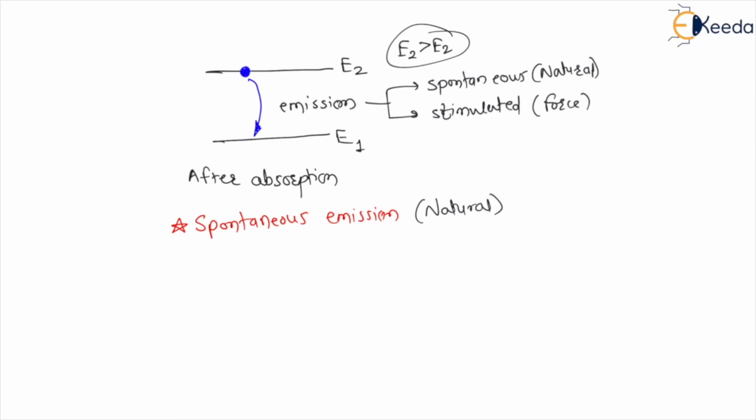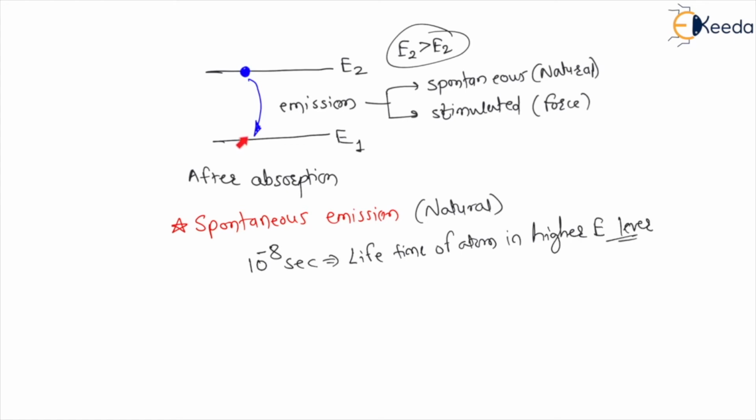This electron will stay in the higher energy level for a very short duration of time, 10 to the power minus 8 seconds, and this is called the lifetime of the atom in the higher energy level, that is at E2.